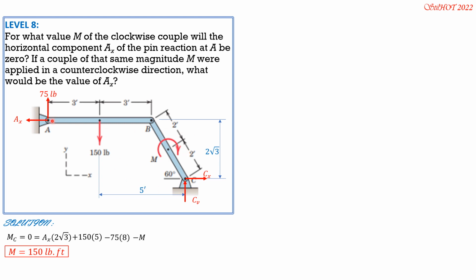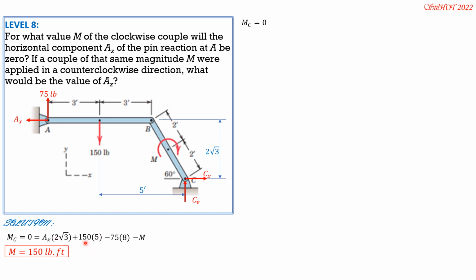In the second part, we are asked to determine AX if a moment of magnitude 150 is now acting counterclockwise. So it's now counterclockwise, remember. But we will not draw another figure. Just imagine that this is counterclockwise. So we use the same equation, except that this M here becomes positive M because it is now counterclockwise, the same sense as the moment of 150 as well as AX.